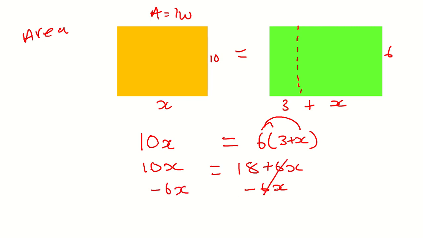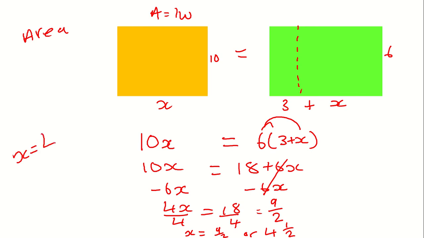They cancel. 10x minus 6x, you're left with 4x equals 18. Then we divide both sides by 4, and we get x equals. In this case, I can simplify it, dividing both by 2 and getting 9 over 2. Write it as a mixed number. 2 goes into 9 four times, and there's 1 left over. So the answer in this question is x is 4 and a half.